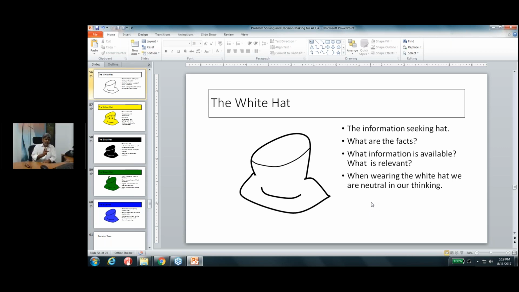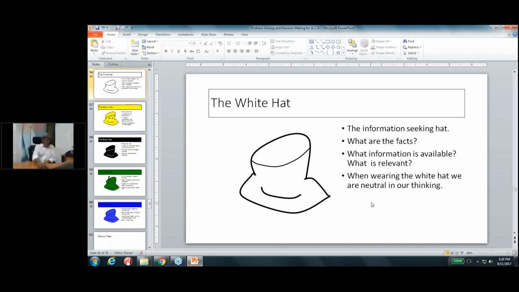These are the people who get the data, analyze it, and based on the data they come up with the decision, right? So this is what the white hat is all about. Whenever you put on that hat, you need to mold yourself to get these facts and figures in order to evaluate the scenario and come up with the solution.